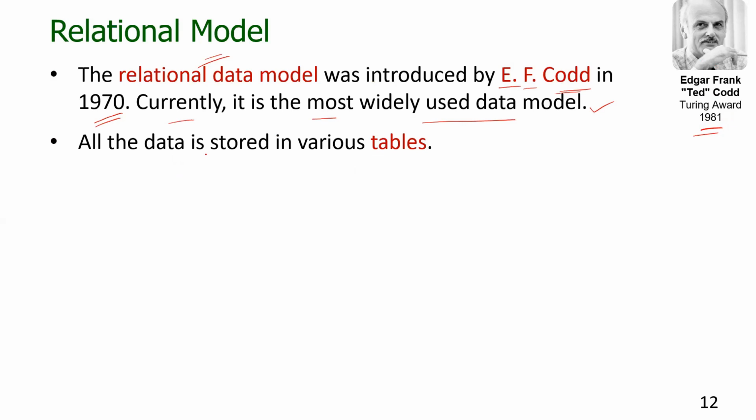All the data is stored in various tables. Tables are also called relations. In the previous lecture, we already discussed the introduction to database and database management system and the role of relations or tables.